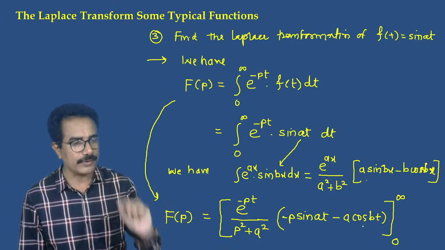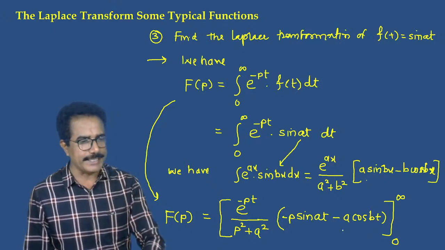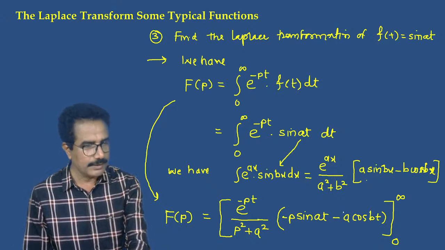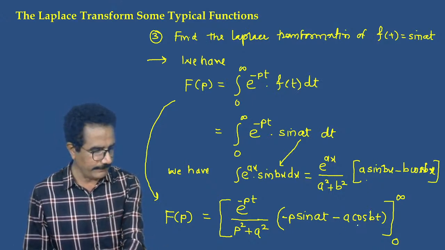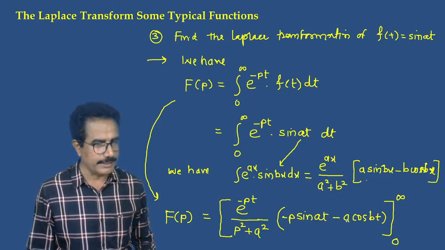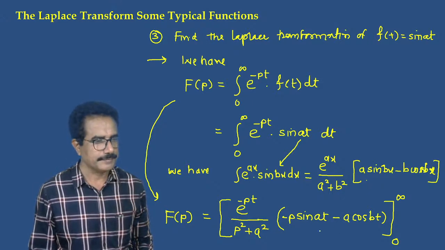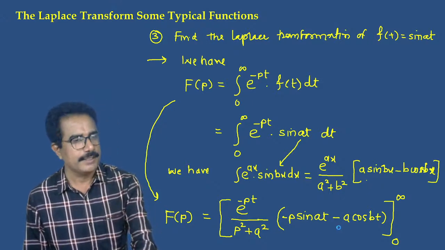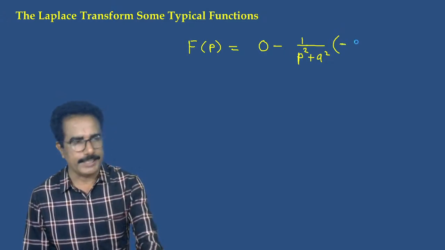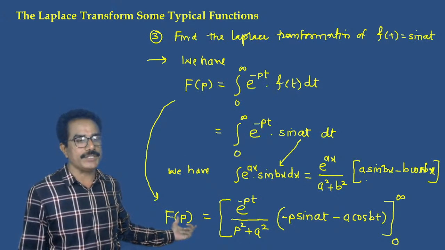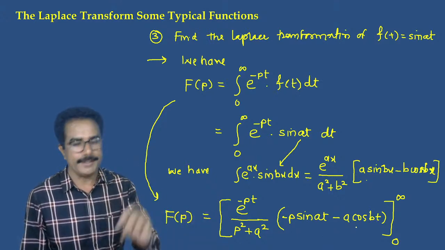So we can write this as, minus minus, it will be minus, sin 0 means 0 and cos 0 means 1, minus a.